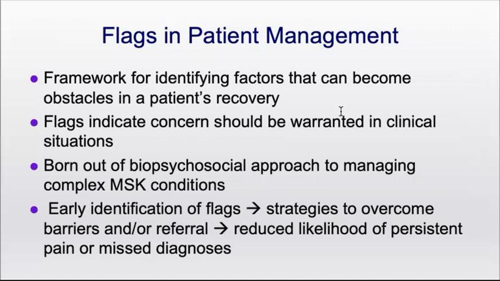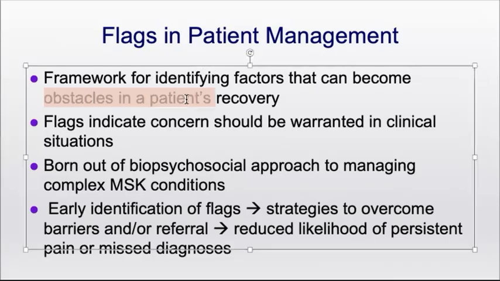It's used to describe psychosocial prognostic factors that can indicate persistent pain and work disability due to musculoskeletal conditions. So being able to identify flags in recovery helps you to identify obstacles in their recovery. So what's going to prevent them from achieving maximum recovery?